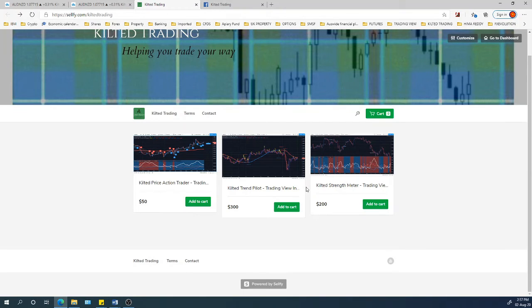And look, post some charts, post some things you're looking at, whether it be forex trades, stock trades, with the system you're looking at, whether that's the Kilted Trend Pilot or the Kilted Price Action Trader or the Kilted Strength Meter. I like to pair a couple of them up. If you're looking at the Kilted Nessie indicator, you need to pair that up with the Kilted Strength Meter.